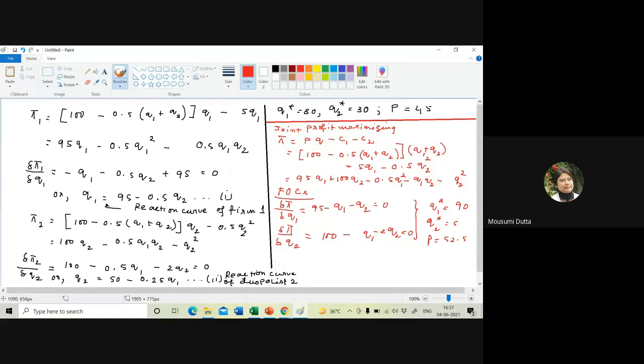Okay, so hence the joint profit. What is the volume of profit? Please check that. 4525. And in the previous case, what is the profit? Total profit. First, you can find out the profit of a single firm, because separately you have to do it.